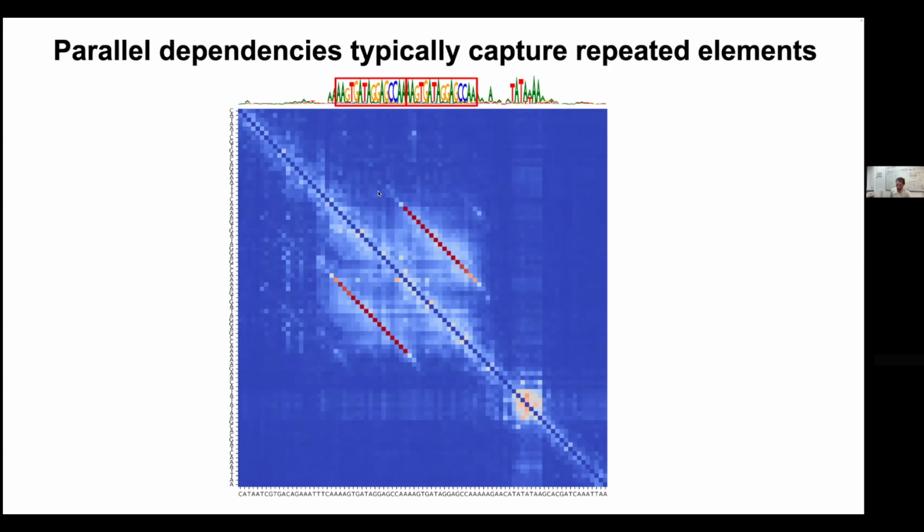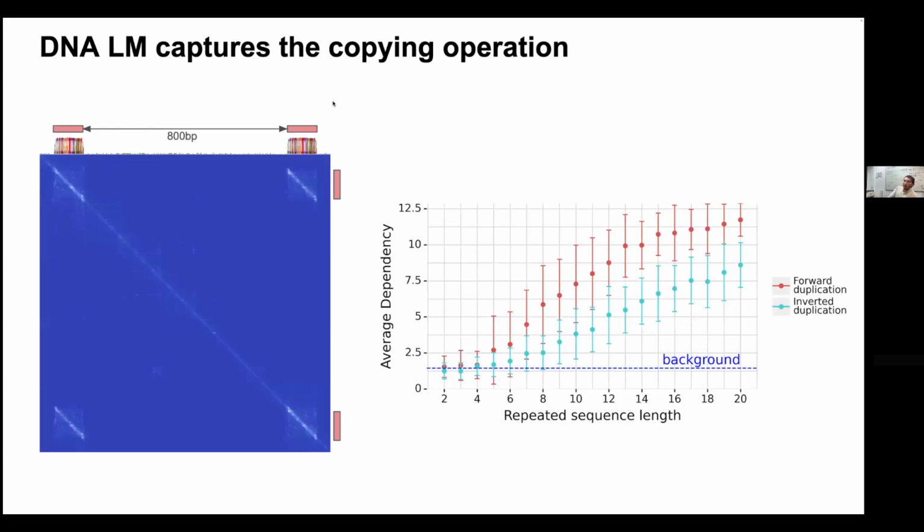This is quite intriguing because it led us to believe that perhaps the model is making its prediction not based on a memorization of this element, but based on the fact that it is copying. So perhaps the model has learned a copying operation. And to explore this, we have simply developed random repeats that the model has not seen in the training set, and have included them at different distances.